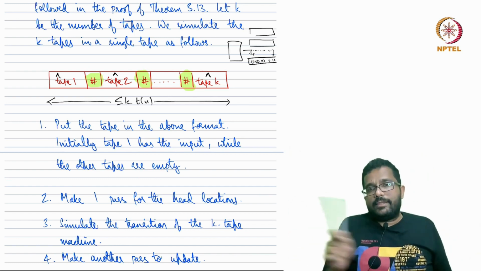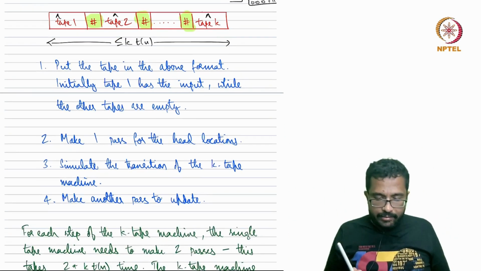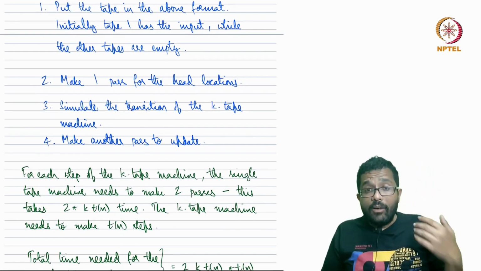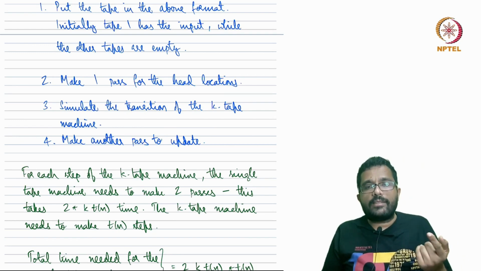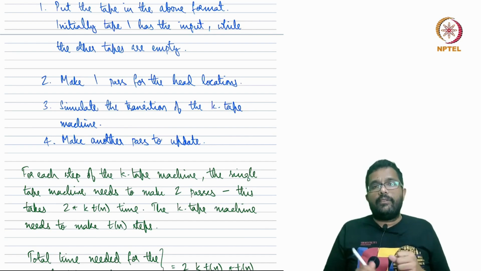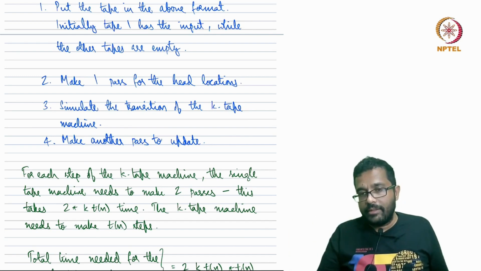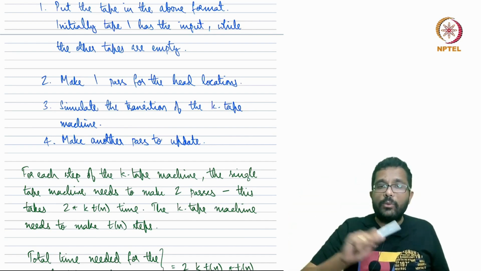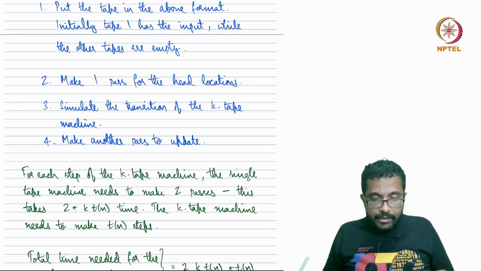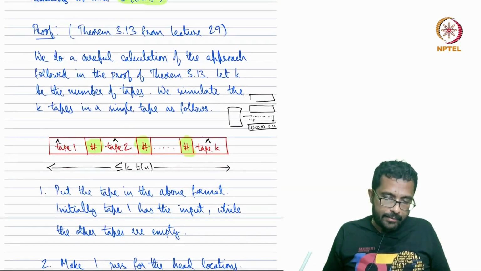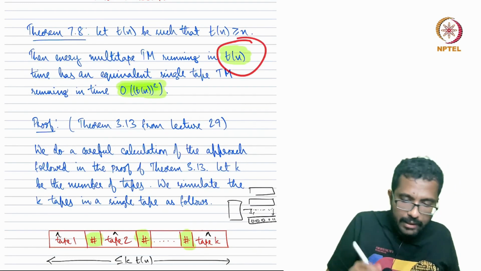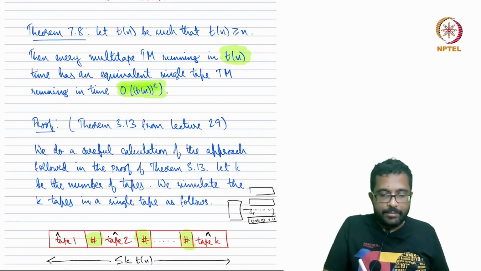And to make two passes, it takes 2 times k times t(n). All of this is to make just one step of the multi-tape Turing machine. So when the multi-tape machine takes one step, the single tape Turing machine has to make 2 times k times t(n) steps. But then how many steps does the multi-tape Turing machine take? By assumption, the multi-tape Turing machine runs in time t(n).